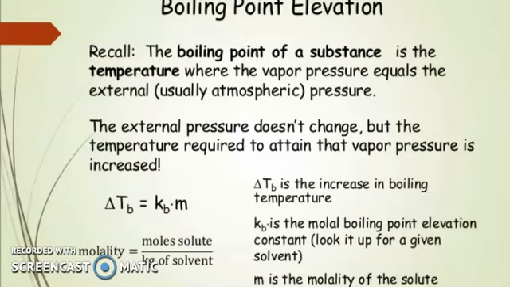So del Tb is equal to Kb m, where del Tb is the increase in boiling temperature, Kb is the molal boiling point elevation constant for a given solvent, and m is the molality of the solute. Molality is temperature independent. Molality is equal to moles of solute divided by kg of solvent. Remember, solvent is important.